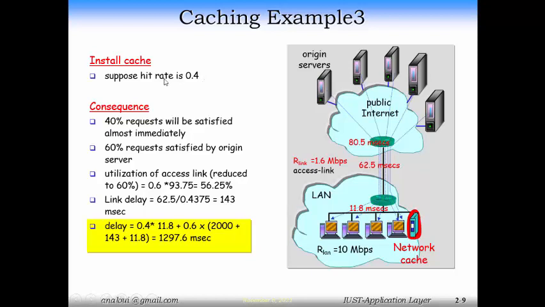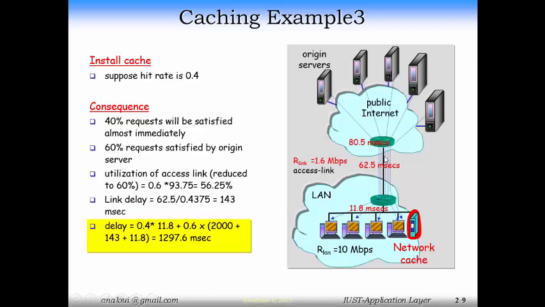And suppose that the hit rate of this cache is 0.4, or in 40% of times, this cache can respond to me. It means that in 40% of cases, these computers in my LAN can get their requested content from this server.